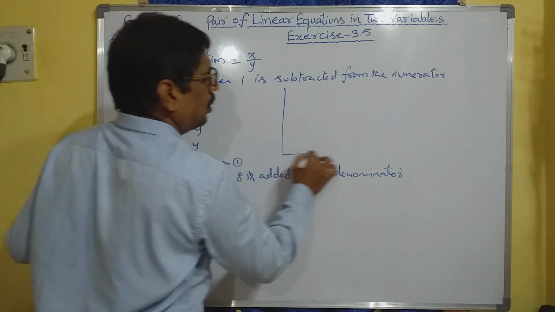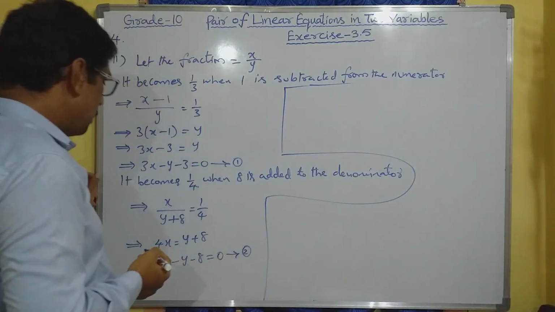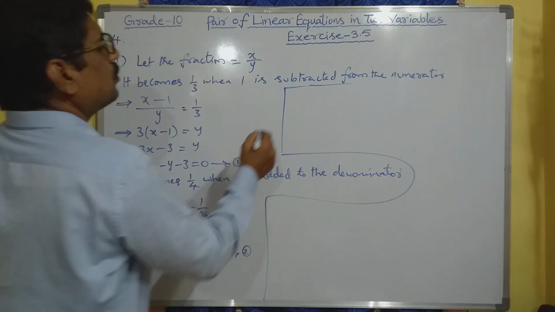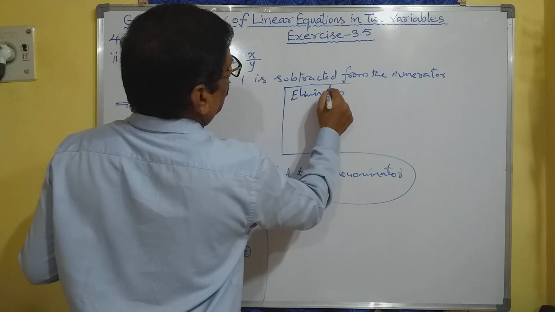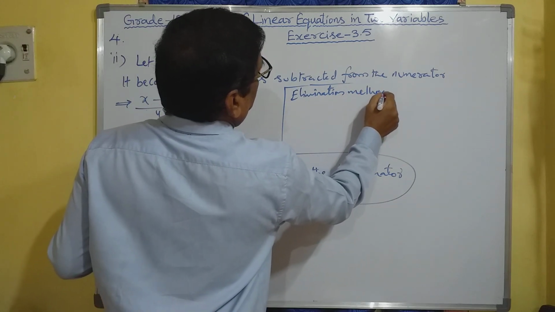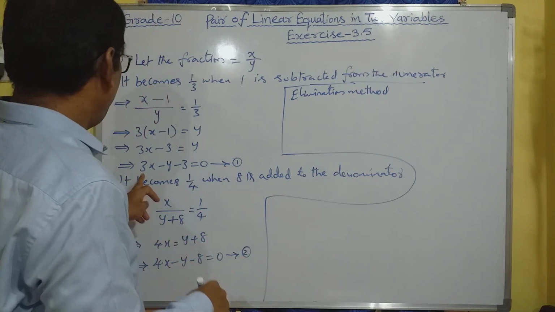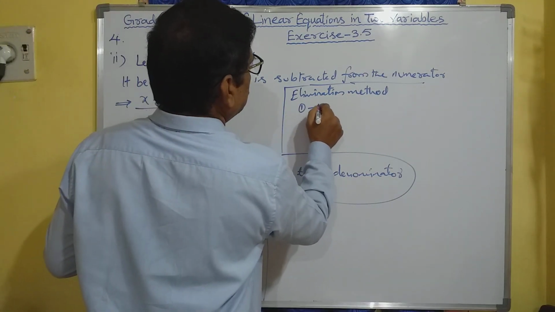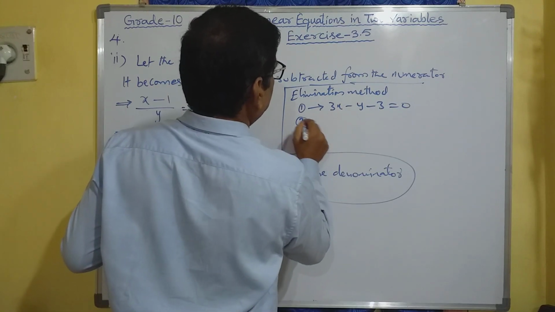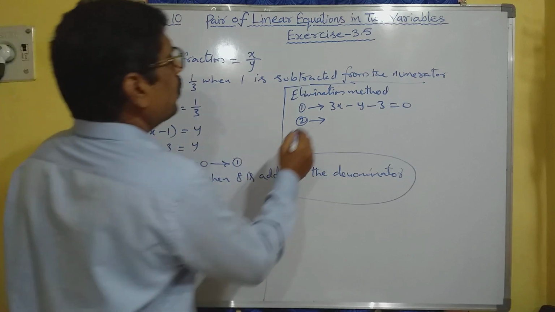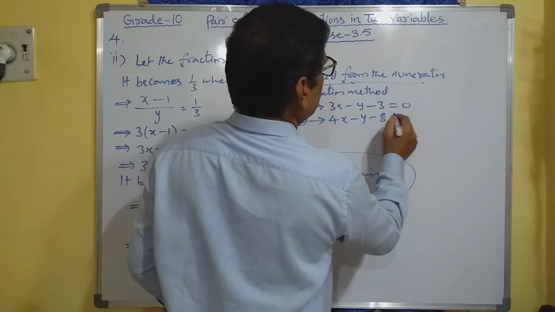Now let us solve. What method? We can use any method, I told you. So let us use the elimination method. Let us use the other methods in the next problems. Now the first equation is 3x minus y minus 3 is equal to 0, and the second equation is 4x minus y minus 8 is equal to 0.